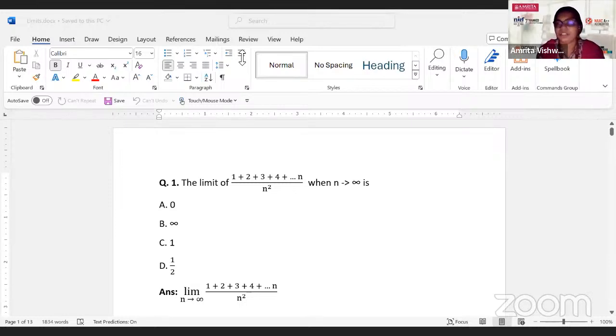Just wanted to confirm, am I audible to all of you? I would request the students to type that in the chat box. Can you see the screen that I've shared? Is everything fine? Kishan, Dhanishka, there are students who have already typed.